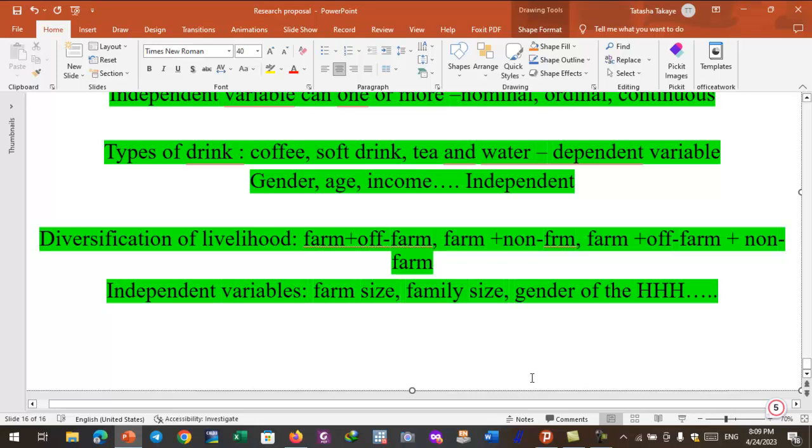What are the factors affecting the choice of diversification of livelihood strategies? Those are the diversification strategies, the choices that households can make to diversify livelihood, and our interest is to sort out which socio-demographic variables determine the household's choice of the diversification strategies or options.